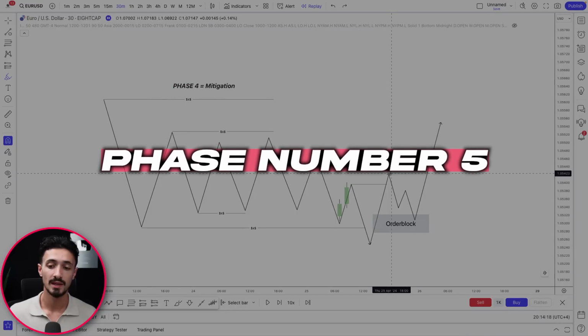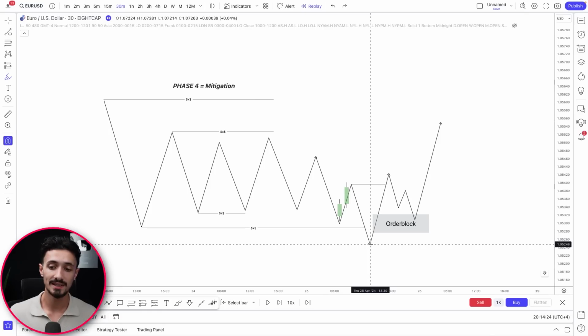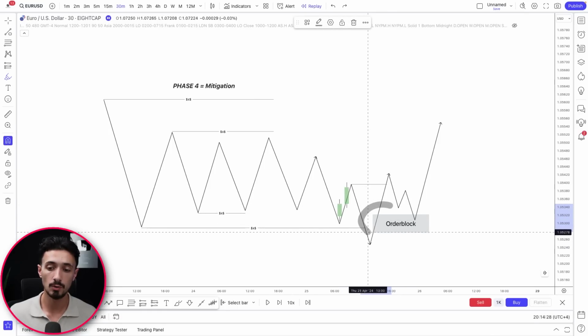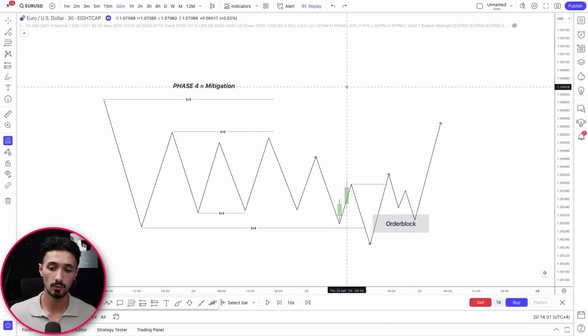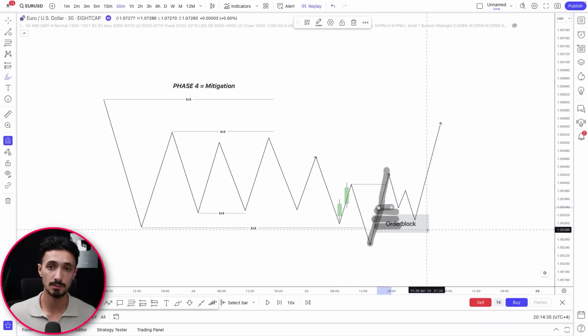And the second phase is that ultimately smart money, if they want to really initiate a long-term position, need a large amount of orders, and they can't fill all of those orders in one go. So after pushing price, they will leave resting orders in this price leg.